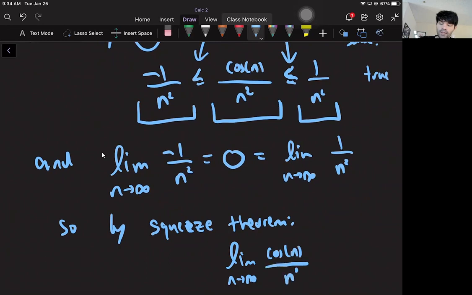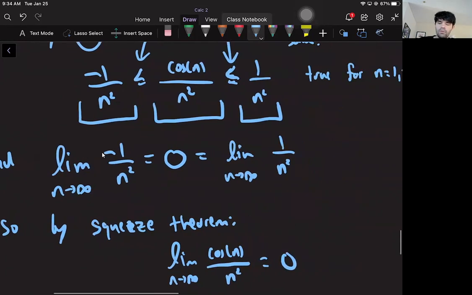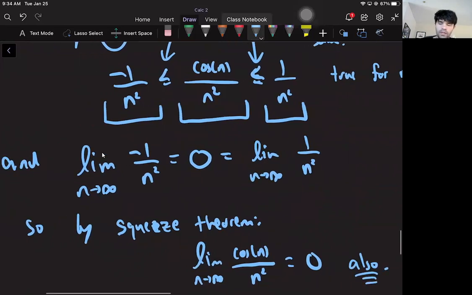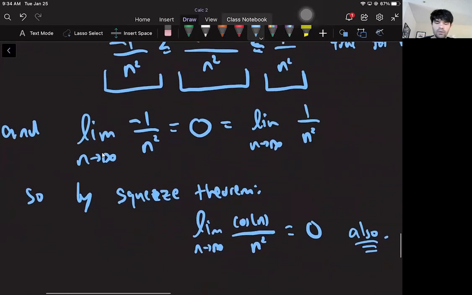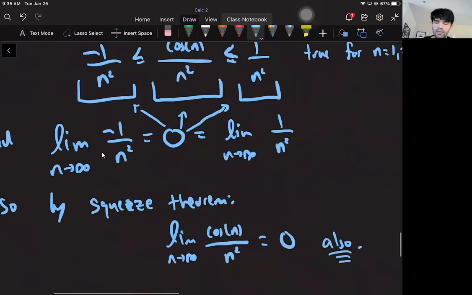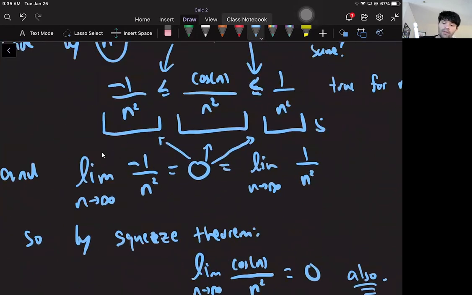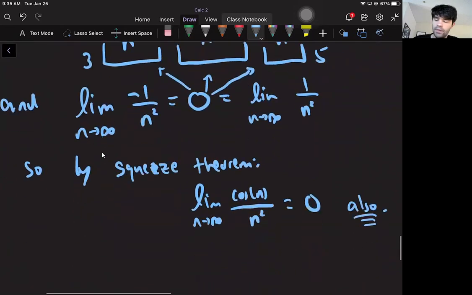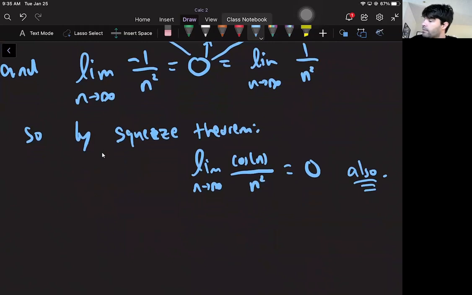So if those two were not the same, then this wouldn't work, because they have to go to the same place to squish the middle into the same thing. The idea being, what's the only number between 0 and 0? Well, it's got to be 0. There's nothing else that this could possibly be. Whereas if this went to 5 and this went to 3, then there's a whole bunch of numbers between 5 and 3. So you can't really say what it would go to at that point. They've got to both go to the same thing for this to work.